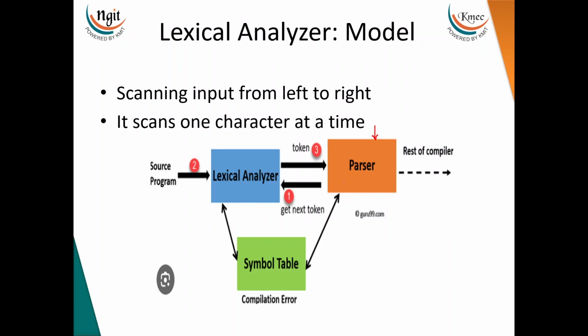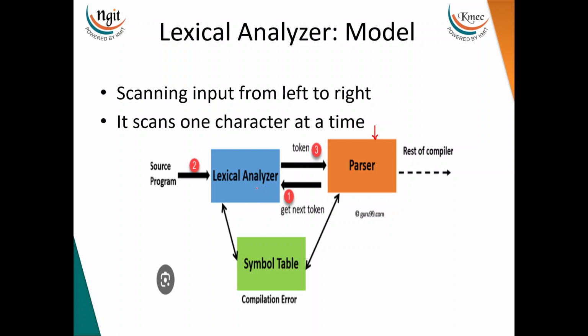So the parser will call the lexical analyzer, saying: I have a job to check that the tokens are correct for a particular high level language statement, but I don't have the mechanism to generate the tokens. Can you do this token generation task? So it will call a get next token function and it will invoke the lexical analyzer phase.